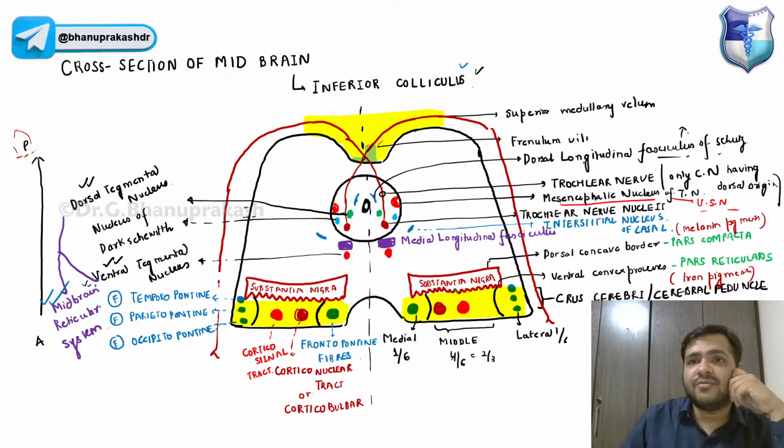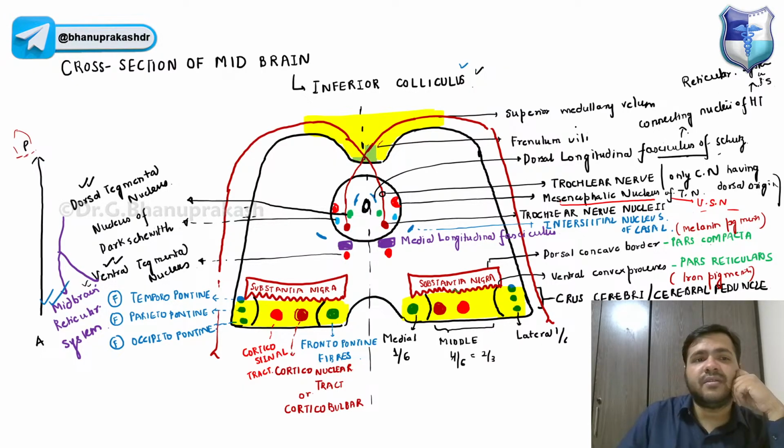So this dorsal longitudinal fasciculus connects the nuclei of hypothalamus to the reticular system in the brainstem.